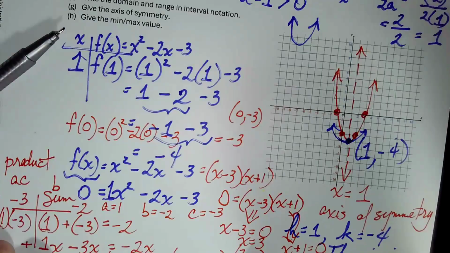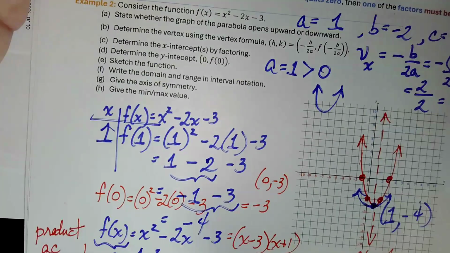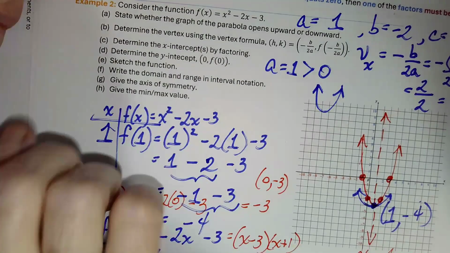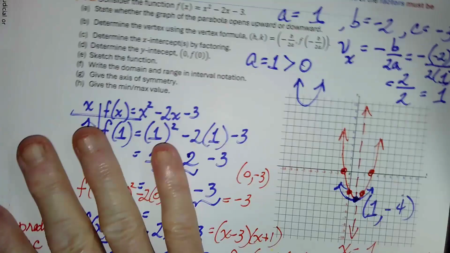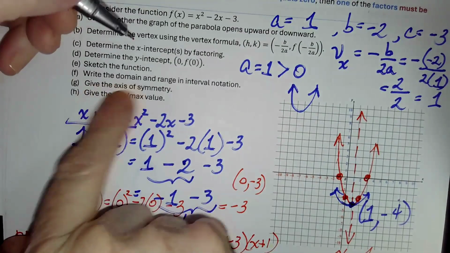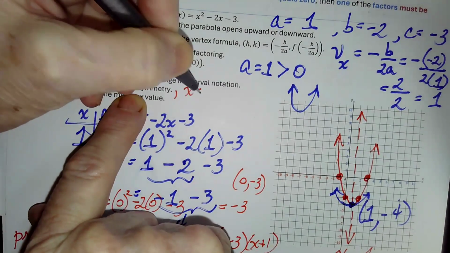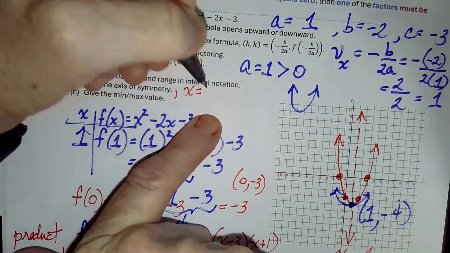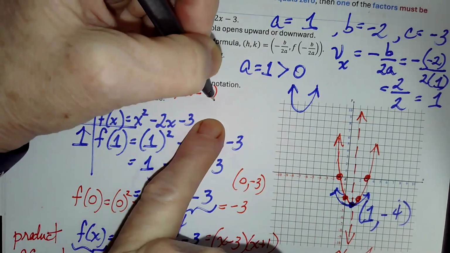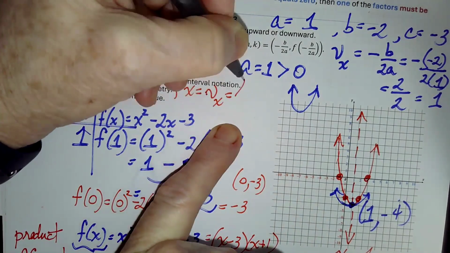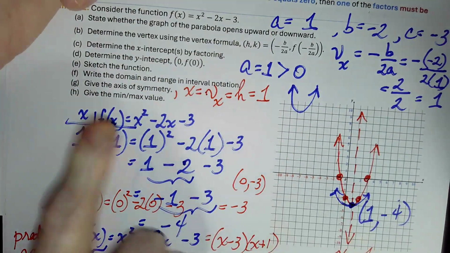So we've pretty much answered all the questions, but let's go through and see. Finding the vertex helped us do a lot of stuff. We were able to find the axis of symmetry, x equals the x component of the vertex, which we can write v sub x, or we can just write h. And in this case, that number is 1.